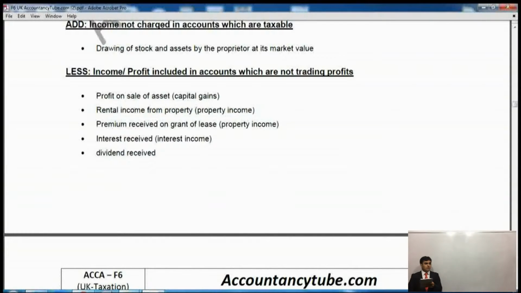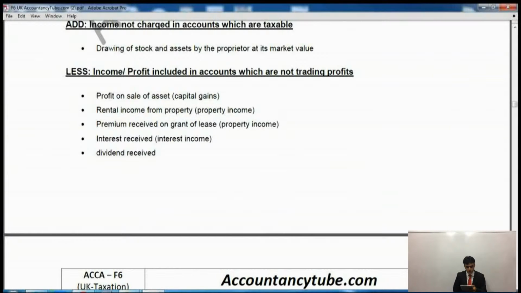Then it says you will have to deduct some expenses as well. These were the incomes which should not have been added, so we will deduct that as well. So less income, profit included in the accounts which are not trading profits. So profit on sale of asset, capital gain, this is not trading profit, is it?